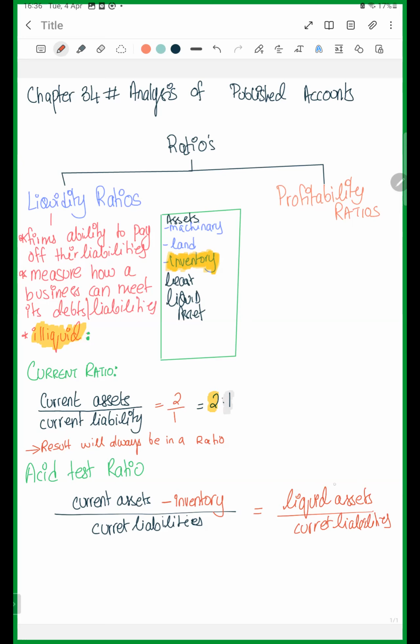You should remember this: current assets minus inventory divided by current liabilities. Here you are completely eliminating inventory, like in the fish example, so your inventory doesn't count as an asset, and your acid test ratio will give you a better and clearer picture. Okay, got it?